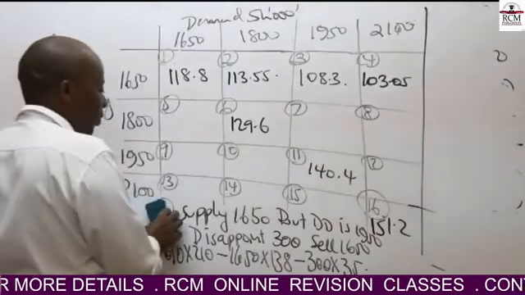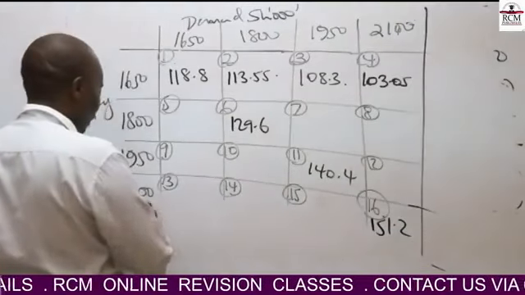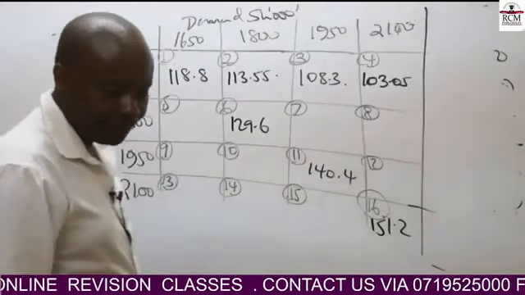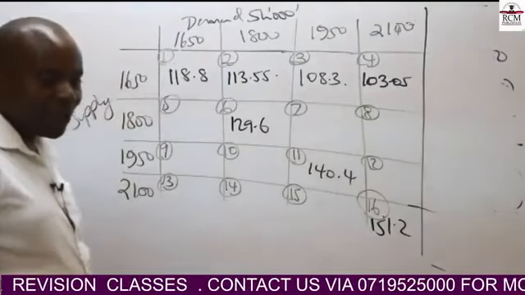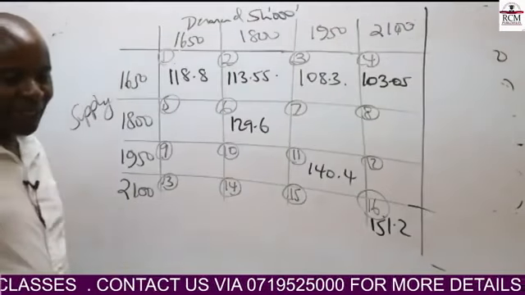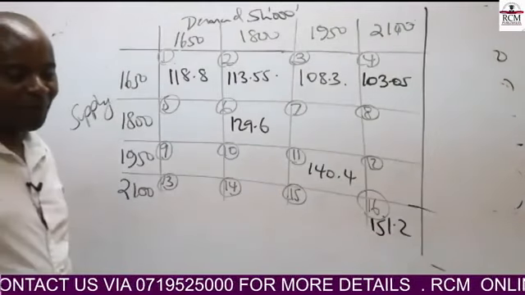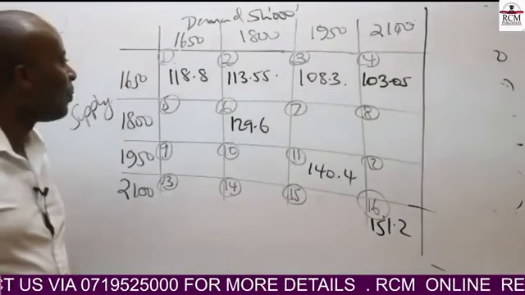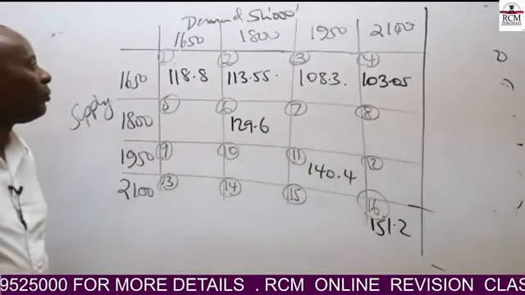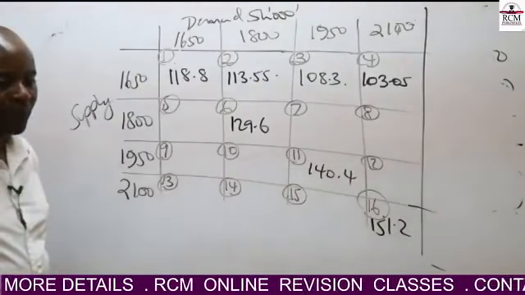So cell number 5 is quite a tricky one. Elokai has already gotten cell number 5.